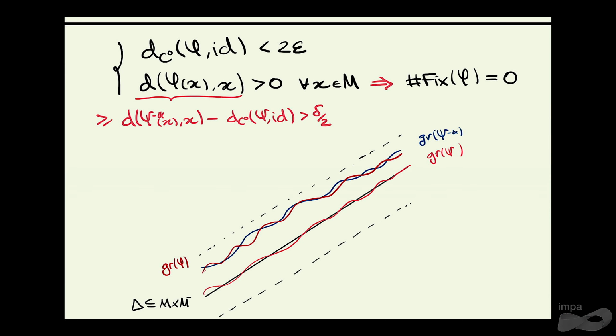And so now let me try to show you with a drawing. Here I'm drawing the diagonal in M cross M. You could also think of this as the zero section in the cotangent bundle. And if you prefer this, just slightly tilt your head. So what we have is, we start off with the graph of phi minus psi minus alpha, which is that symplectic path that we chose with no zero and with no fixed points.